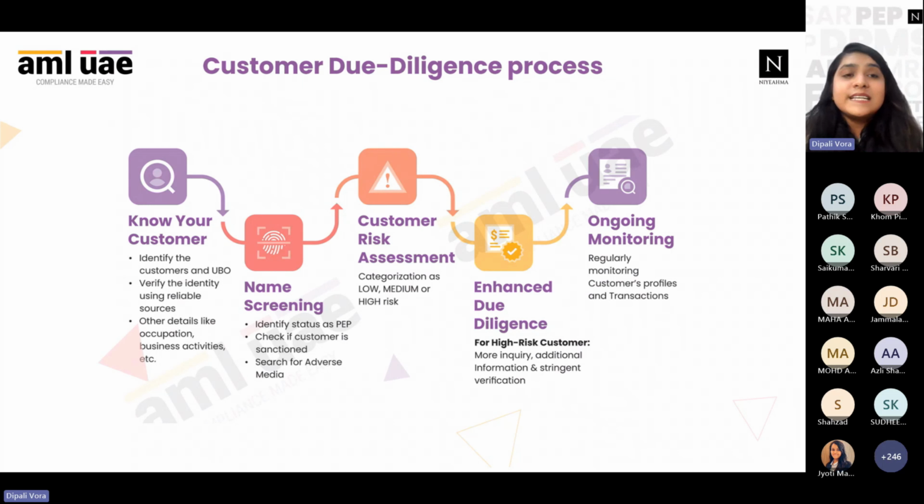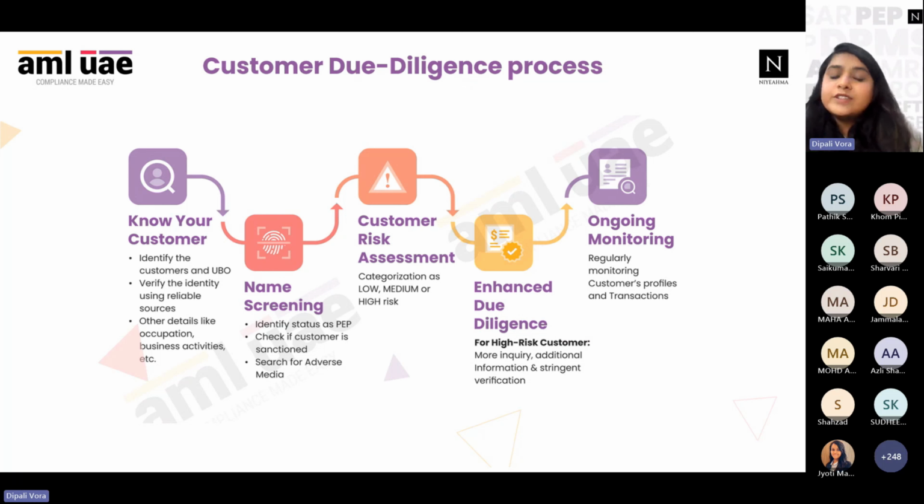We also seek certain information from them. Once we have this, we will be in a position to screen their name manually or through whatever process we are following. The next would be customer risk assessment. We bifurcate our customers into low risk, medium risk, and high risk. For the ones which are high risk, we are required to conduct enhanced due diligence.